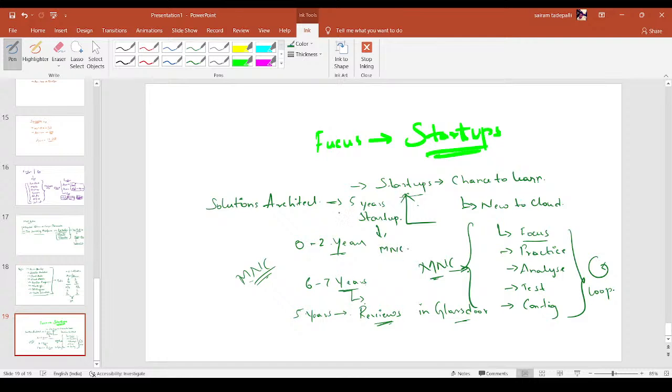You work here for at least 2 to 3 years with a starting package of 6 LPA. With that, you can directly go into an MNC with a 14 LPA package, or greater than 14 LPA. So this much advantage is there with the cloud computing career path. I think you got a clear idea on how cloud computing will help you.